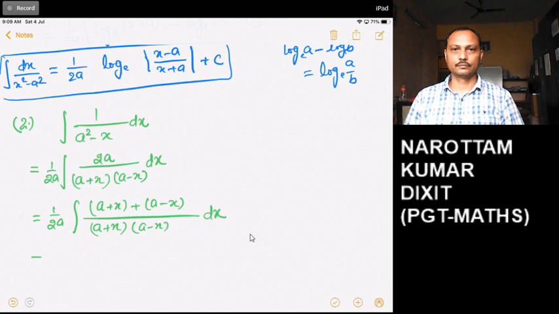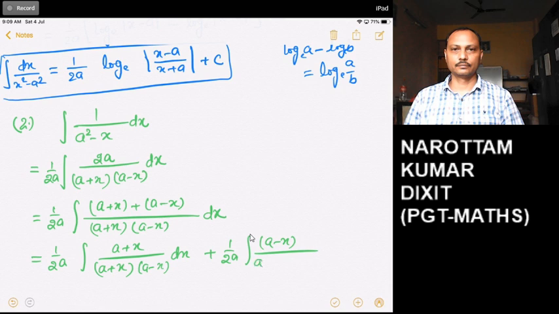Now separate these two terms. So first one is a plus x divided by a plus x and a minus x, and in the second term it is 1 upon 2a a minus x divided by a plus x and a minus x.